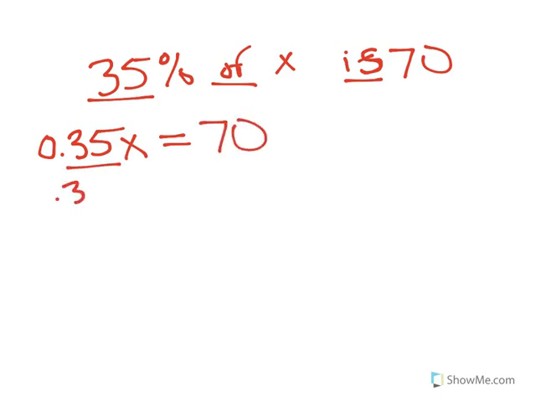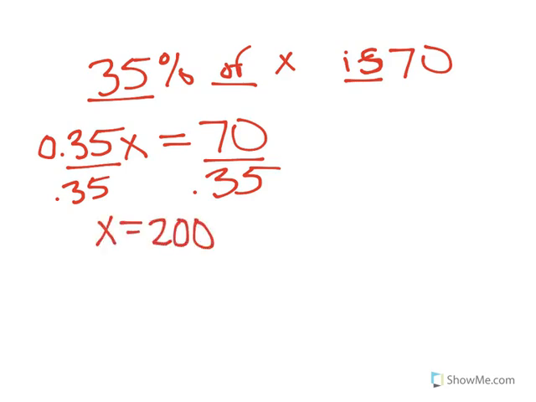So divide by 0.35. So 70 divided by 0.35 is 200. Now notice, if you're dividing by a number less than 1, which I'm dividing by 0.35, 35 hundredths, our quotient became larger than our original number.